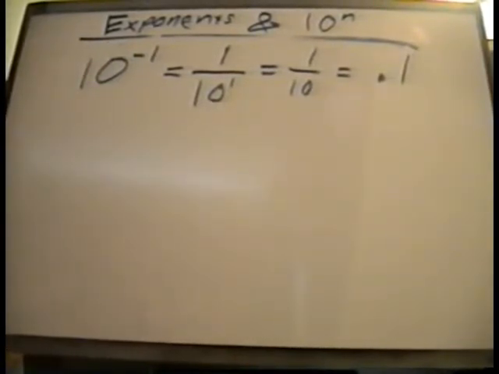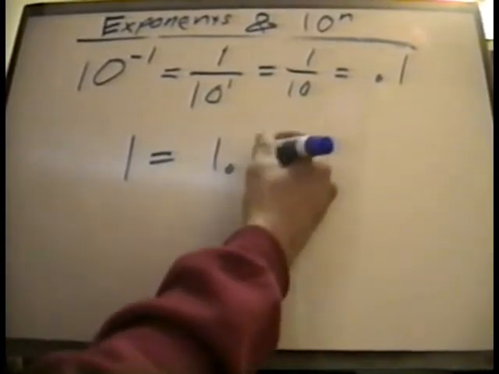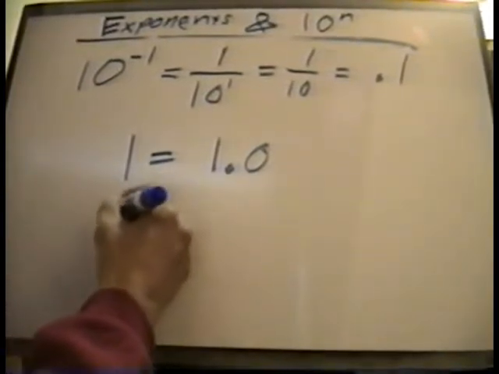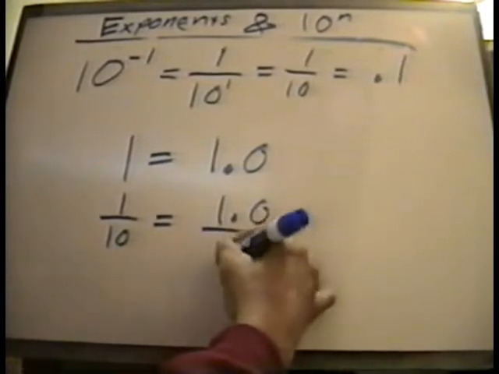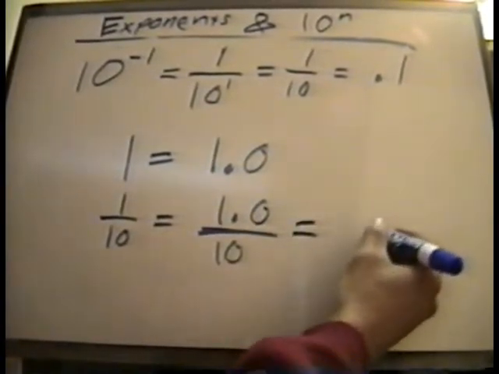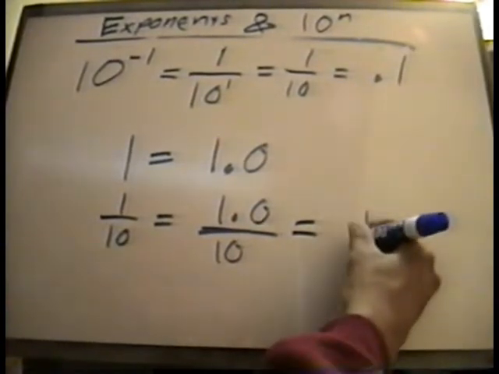So 1 equals 1.0. That's where the decimal place is for 1. So 1 divided by 10 equals 1.0 divided by 10. Now to divide a number by 10, you move the decimal point one place to the left. See, 1 divided by 10 is 0.1.